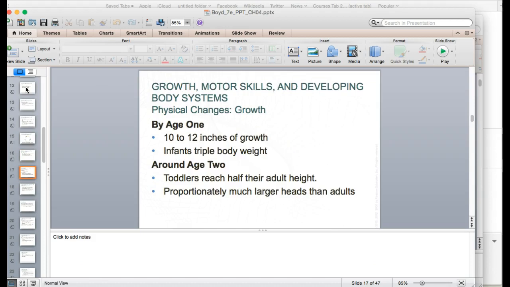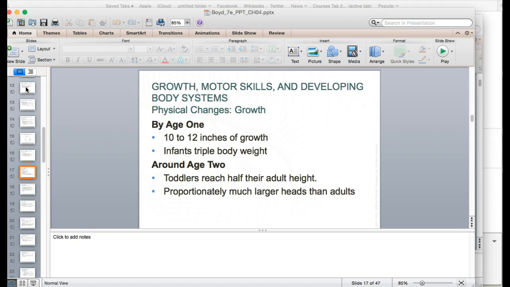Okay, so let's talk about physical changes and growth in children. By age 1, there should be at least 10 to 12 inches of growth, and infants should triple their body weight. So if they're 8 ounces when they're born, they should be at least triple that body weight by age 1.